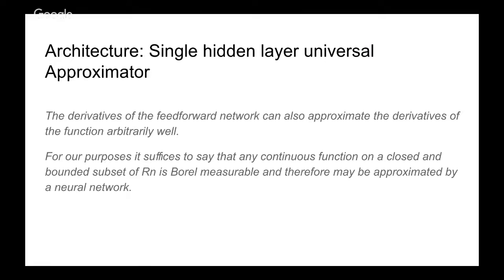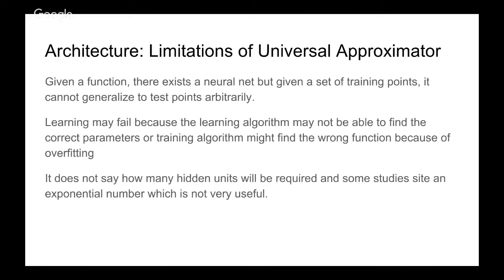But even though it's a theoretical result, it's not very practical for a few reasons. Generally we are not given a function to approximate, but only a set of training points to learn from. It cannot just generate a set of test points arbitrarily. So this theorem has limitations.